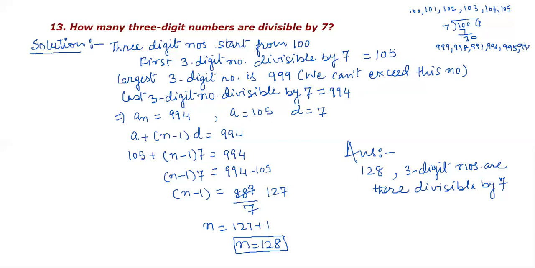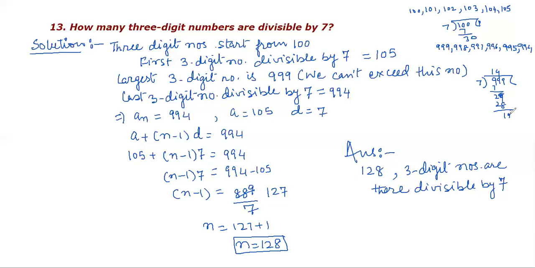This is one way of doing it gradually. Decrease one by one and keep on checking. Or you may do it like this: 999 divided by 7. 7 ones are 7, left with 2. 7 fours are 28, left with 1. Now you are getting 19, but you cannot increase, because if you increase the number will go up.